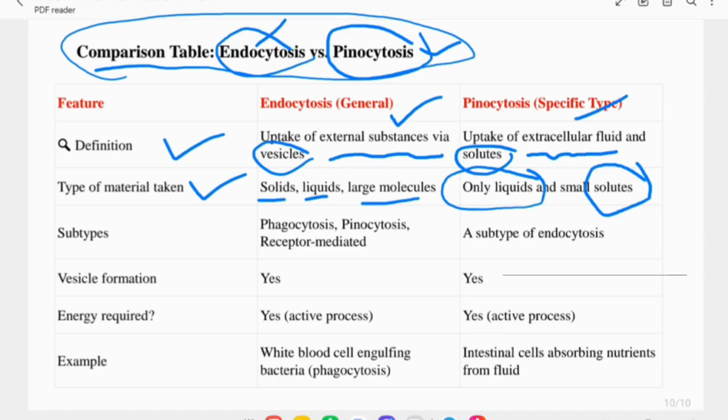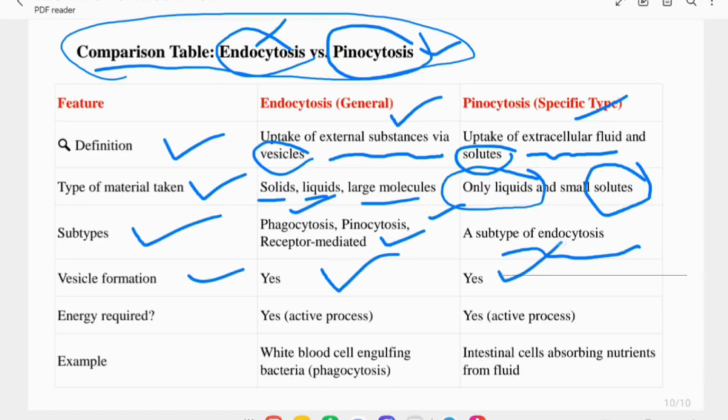Then subtypes: phagocytosis, pinocytosis, receptor mediated, as subtypes of endocytosis. Then vesicle formation, same, in pinocytosis also there is formation of vesicle. Energy required: yes, both processes require energy. Then the example for this one is a white blood cell engulfing, that is phagocytosis. Here an intestinal cell absorbing nutrients from the fluid.